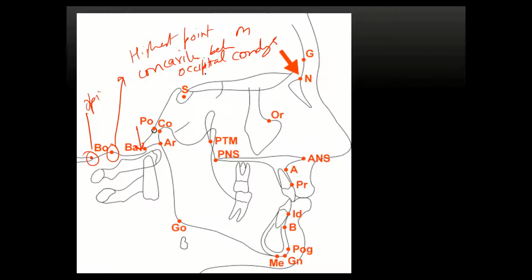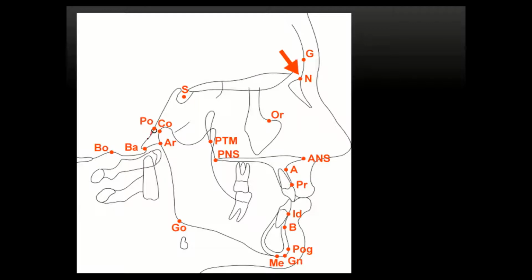The highest concavity behind occipital condyle is Bolton's point. Basion's definition is, it is the most posterior and inferior point on the anterior body of foramen magnum. So this is foramen magnum. The anterior most point is basion and the posterior most point is opisthion.